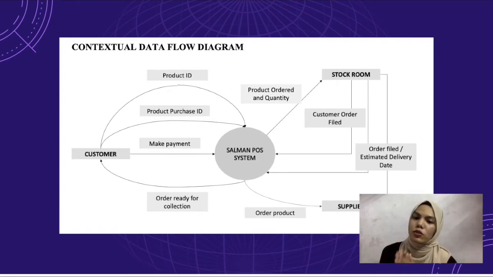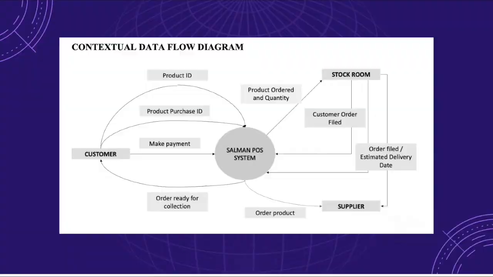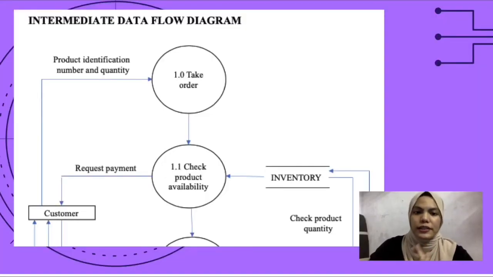If it's low, then the stockroom will place an order for inventory from the supplier, and they will use the supplier list file to repeat ordering the inventory. And so we continue with the intermediate data flow diagram.